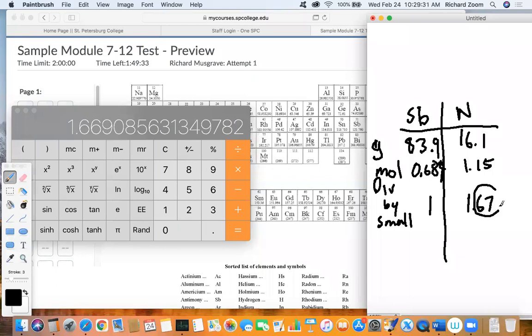So I focus on the 0.67, and I know that is equivalent to 2/3 as a fraction. So I will multiply by 3. So 1.67 times 3 would be 5, and that would be my final answer, Sb3N5. Does anybody have any questions?